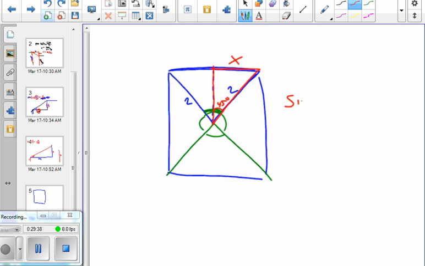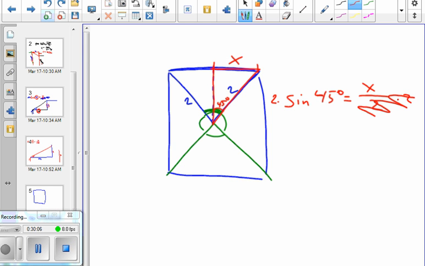So it's sine of 45 would be opposite over the hypotenuse. There we go. So x, this little half of a side here, is really times it by 2, times it by 2, 2 times sine of 45. So I got 2 times sine of 45.